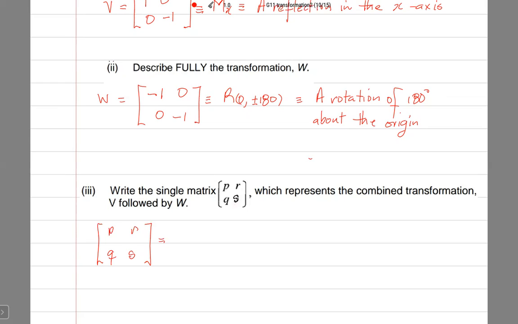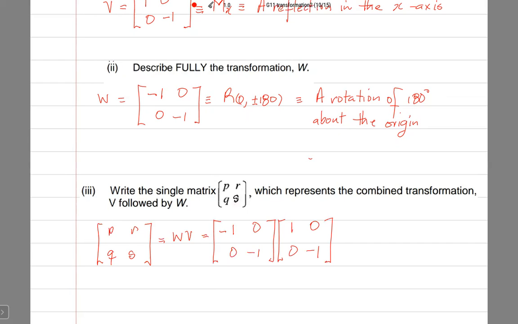So the single transformation that represents these two transformations would be WV. So WV, put W first, minus 1, 0, 0, minus 1, multiplied by V, which is 1, 0, 0, minus 1.